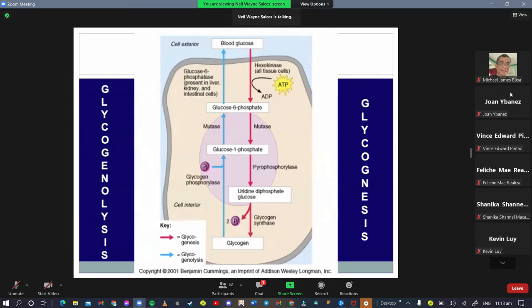Okay, so can I have any volunteer to shortly discuss to us on glycogenolysis, and the other volunteer will shortly show us through the glycogenesis. Okay, anybody from the group?